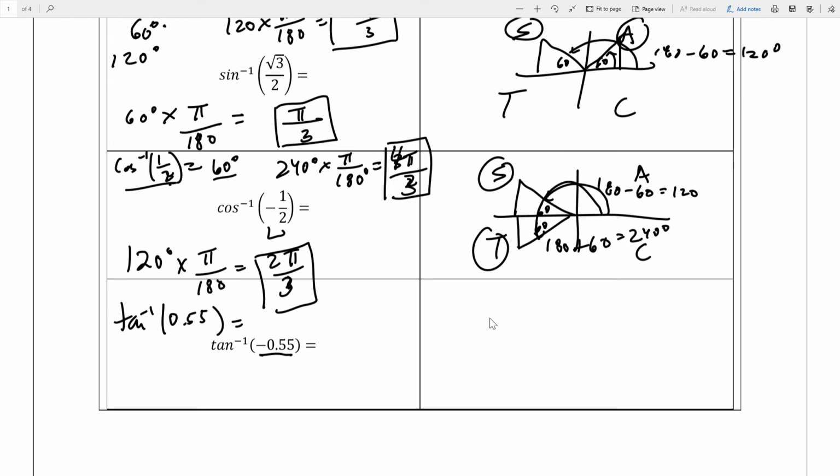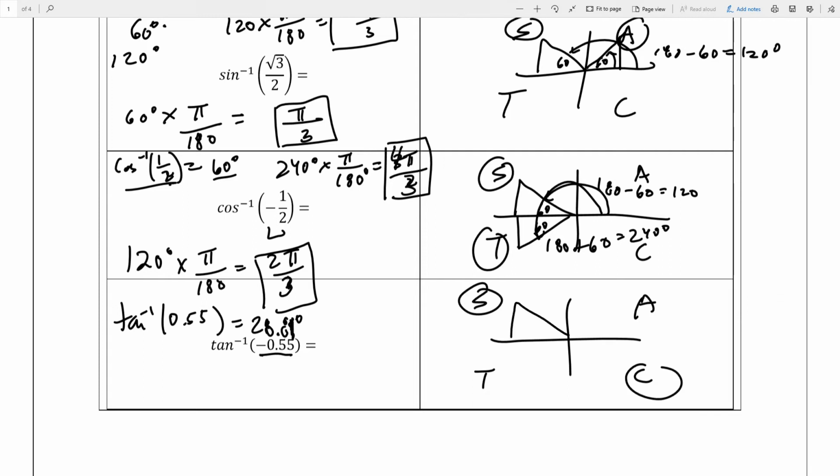So our angle is 28.81 degrees, and then we have to find out where it is on the CAST diagram. So tan is negative here and here. So we have 28.81 and 28.81.